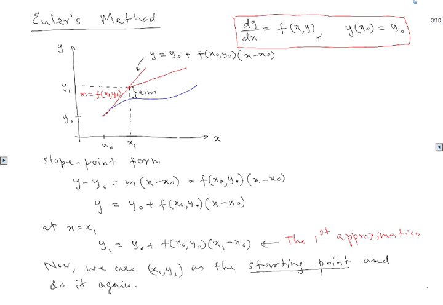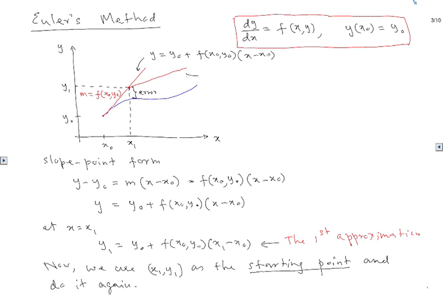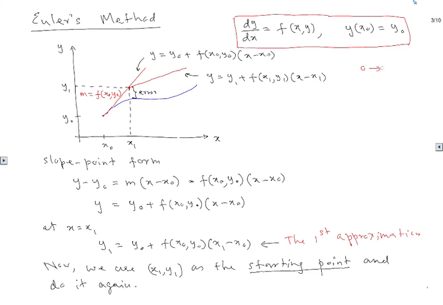So it's a very similar argument, and your new equation is just that you need to replace all the x0 by x1. So the equation of this new curve is simply y equals y1 plus f(x1, y1), and we know both of them, times (x minus x1), because you just transform all the zeros to 1.